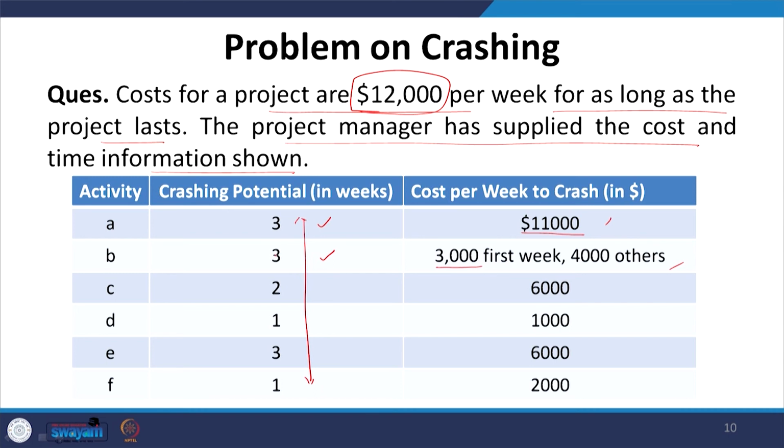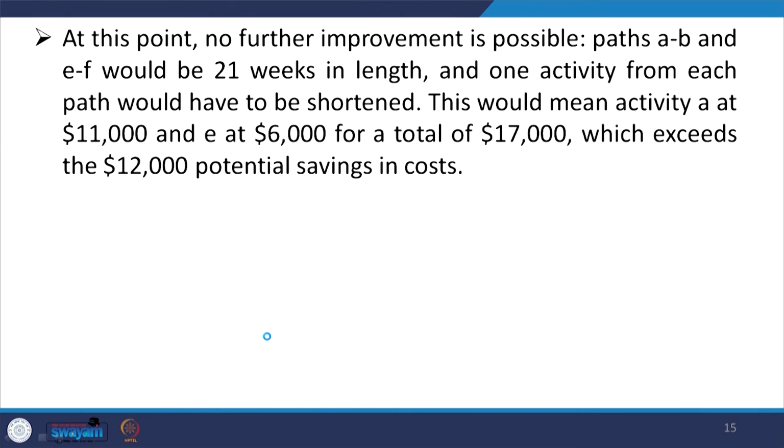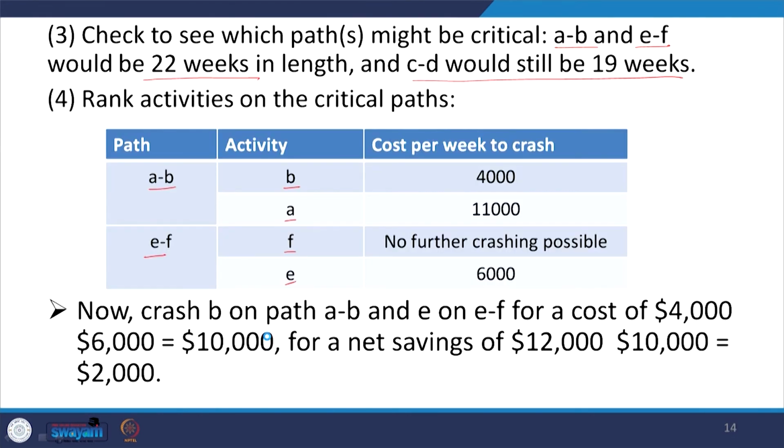You can reduce B by 3 weeks, already we have exhausted 2 weeks of B, and F you can do only for 1 week, that we have just used. Now, E we can use for 3 weeks. So, when we are going for the next level, no further crashing is possible in case of F, because already we have exhausted the 1 week which is available. In B we can still have the scope of 1 week.